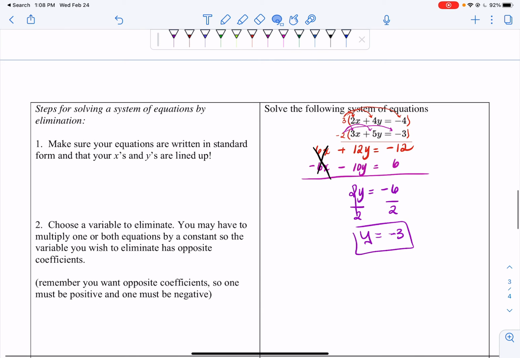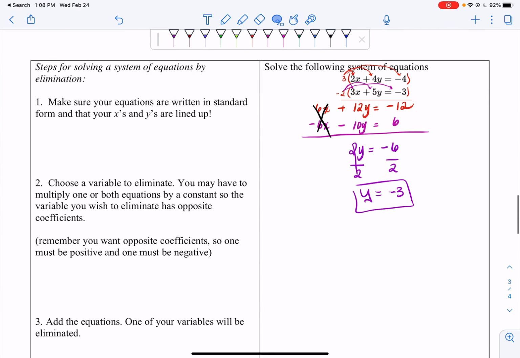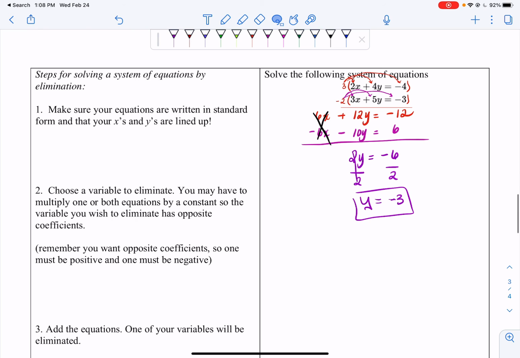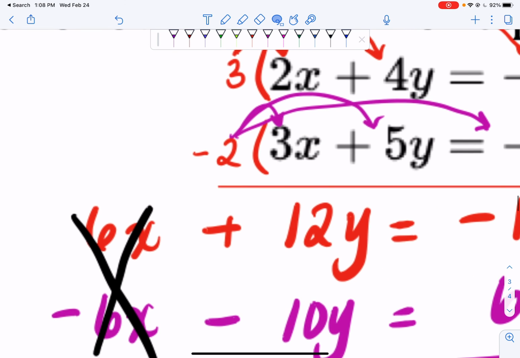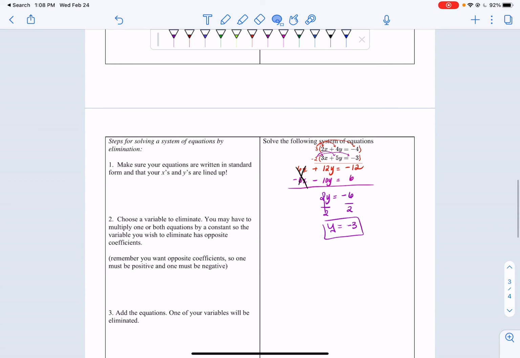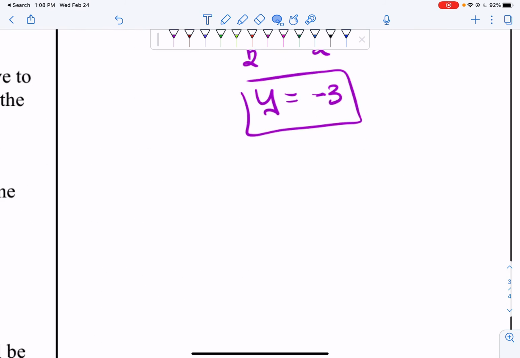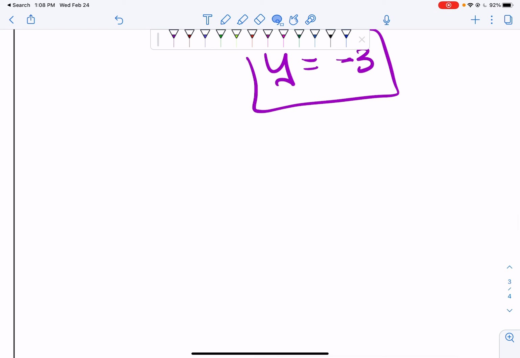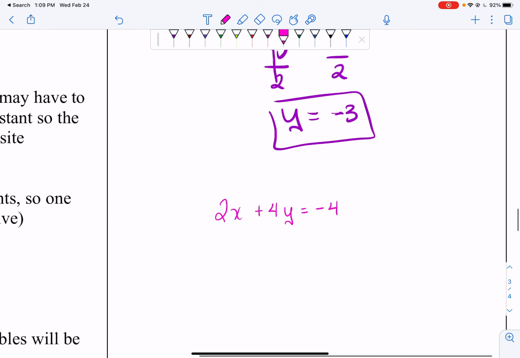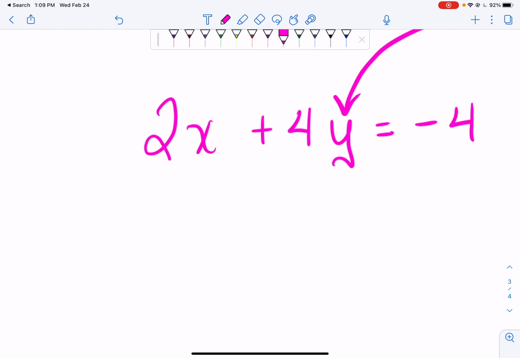Now what we're going to do is choose one of our original equations and solve for our other variable. You can choose whichever one. They're both actually pretty straightforward because they're both all positive when you have to distribute. I'm just going to use the first equation where it's 2x plus 4y equals negative 4. And everywhere I see a y, I'm going to substitute a negative 3.